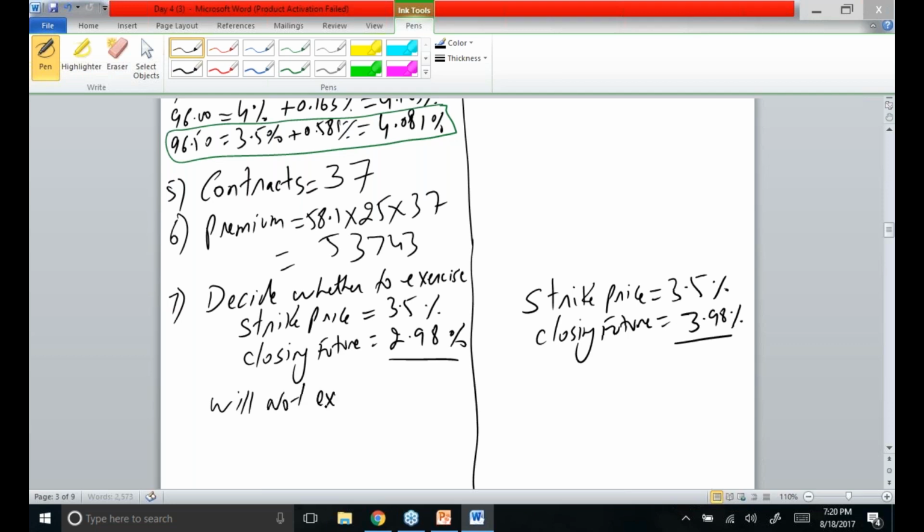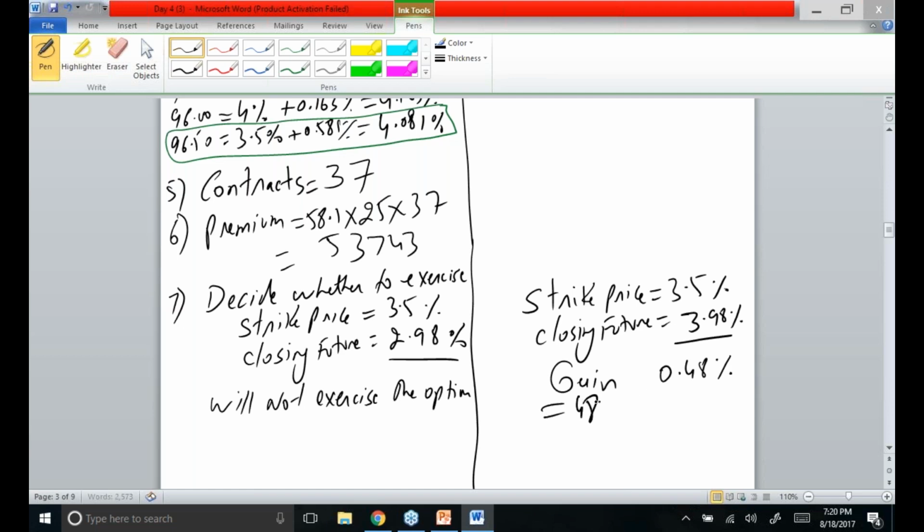You will not exercise the option. In this case, strike price is 3.5, but in market interest rates have gone up. You will assume that you will exercise and your gain will be 0.48%. So let's convert into the ticks.